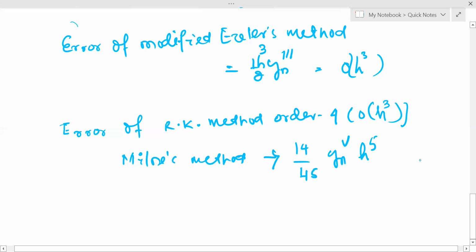This is for the predictor method, predictor. And corrector, minus 1/90 y^(v) h^5. That is the error for the Milne's method for corrector and predictor.